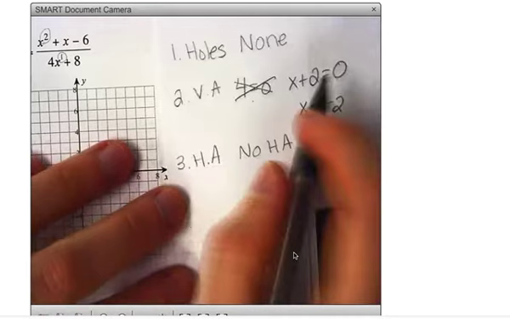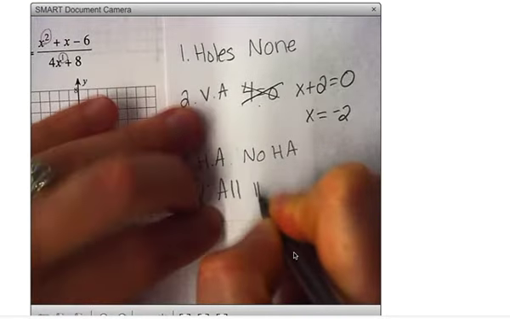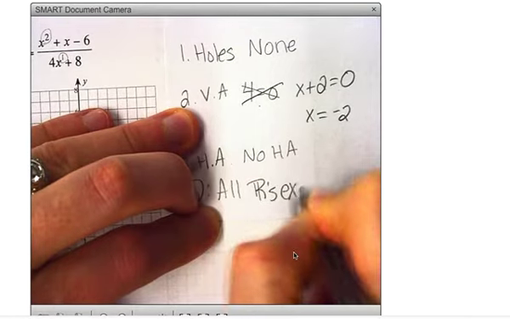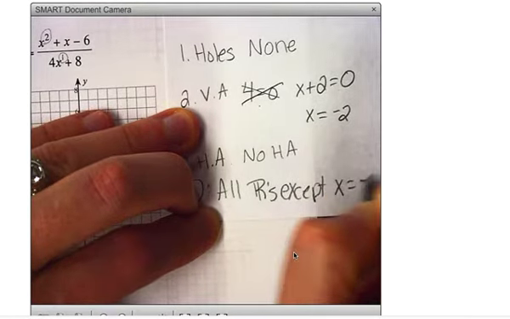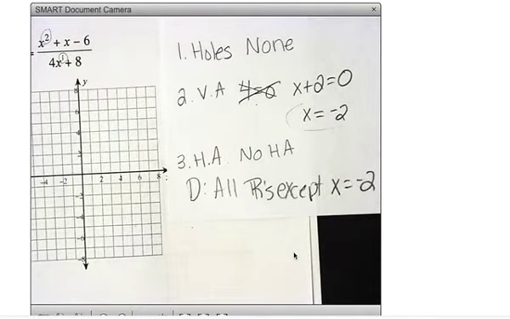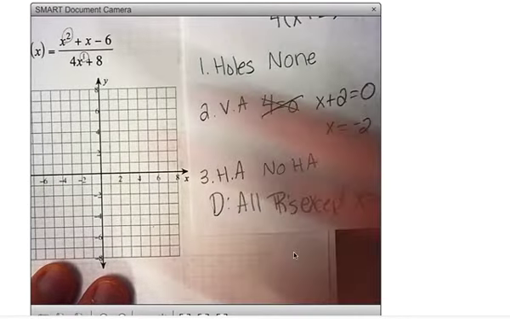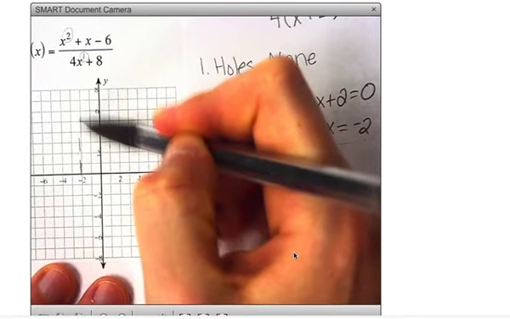Any questions? Okay, what's the domain? All reals except x equals negative 2. That's coming from the vertical asymptotes and the holes only. All right, what's the vertical asymptote? So I go to negative 2 and I sketch it.